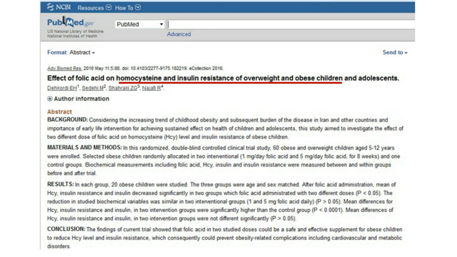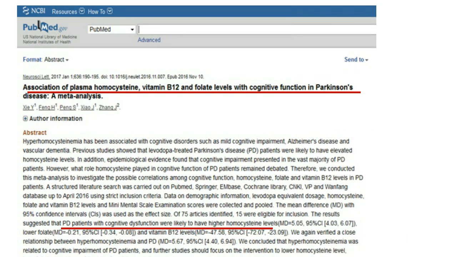In this particular study, we're looking at the association of plasma homocysteine with the development of Parkinson's disease. And what we see is that Parkinson's patients with cognitive dysfunction are likely to have higher homocysteine levels. I will make a mention here that some of the newer research coming out is showing some environmental toxins, such as glyphosates, are markedly implicated in the development of Parkinson's.